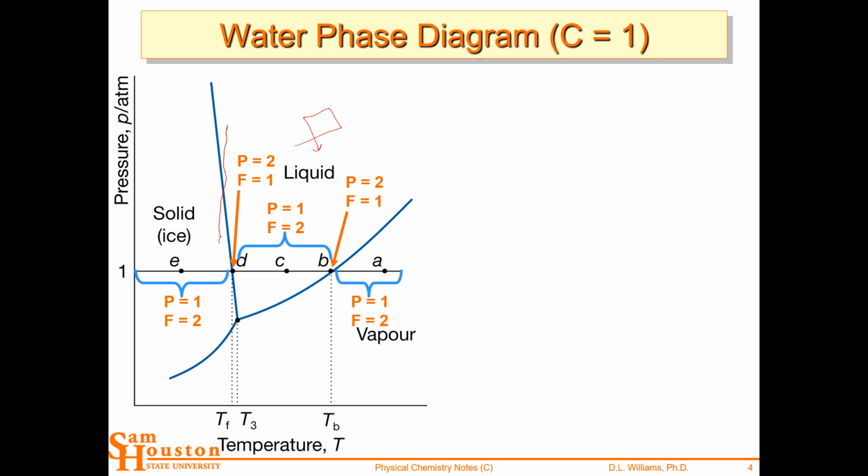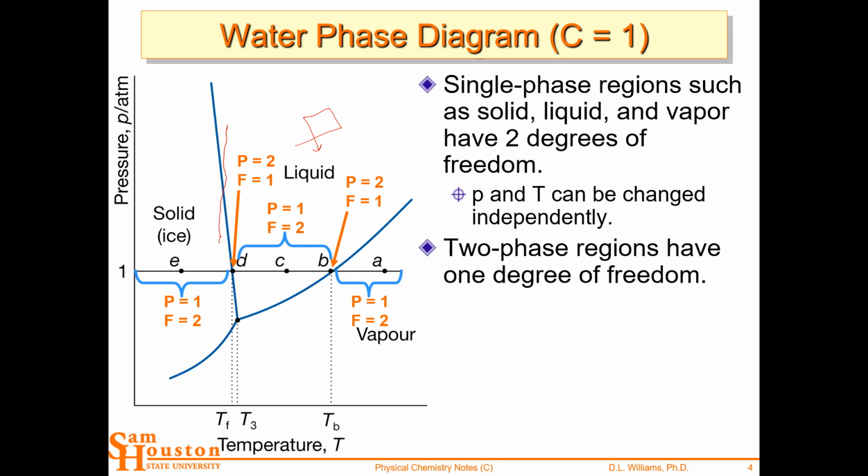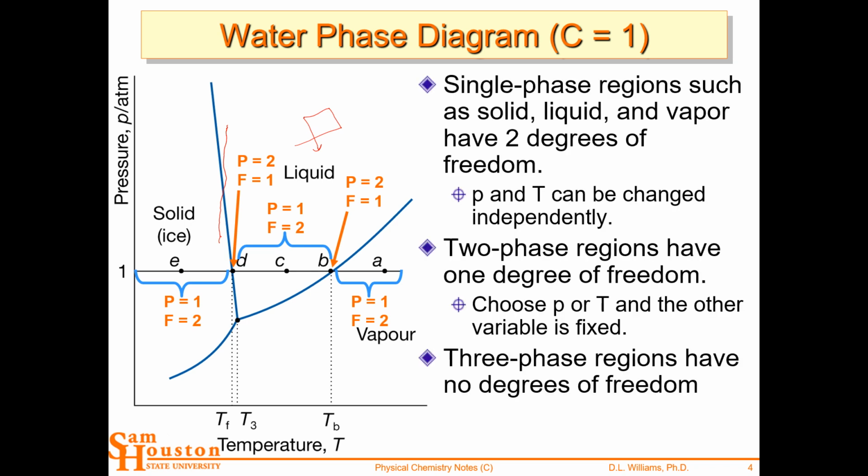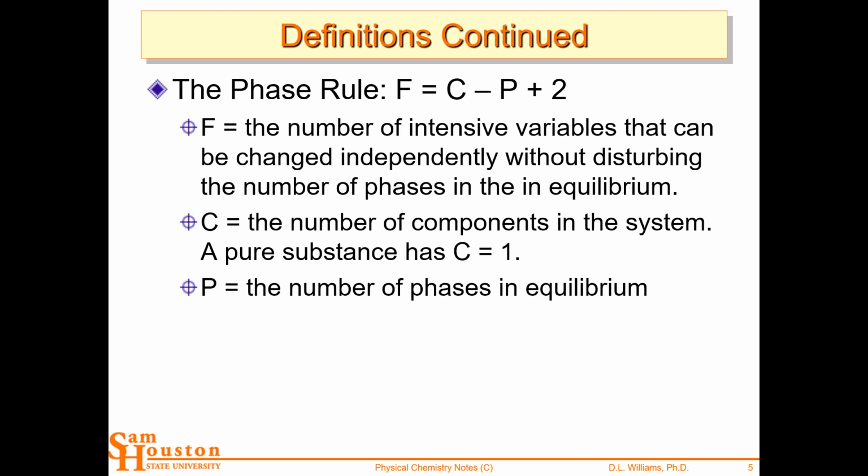Now, that very simple observation is what allows us to come up with the phase rule. This is just what I said, in text. This analysis of degrees of freedom in the phases comes up with the phase rule. So this is the phase rule. And what I talked to you about just now was just a single substance, water.